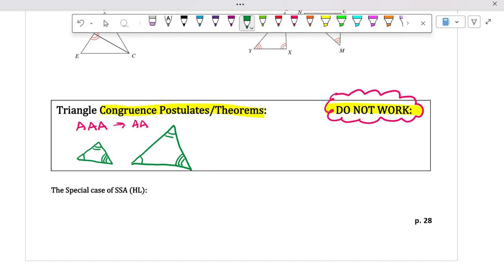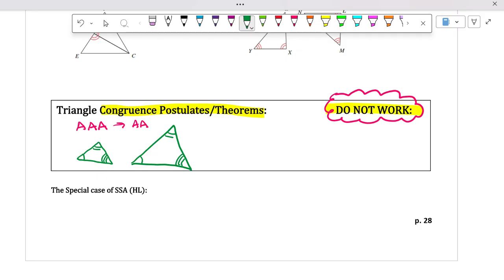Well, to show they're not equal for one, but think about this logically. Back in unit 1, what transformation contained the same shape, but they were different sizes? Dilations did. So that's why AAA doesn't work.